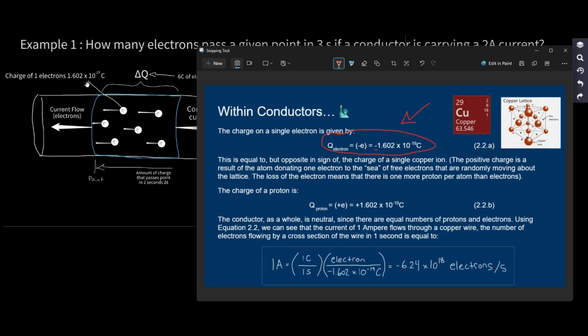But then in our diagram, there's no negative sign. And I'm like, what? Well, it turns out that you can think of the negative sign as a label for the type of particle that it is. But when you're doing the actual math to count how many charges are moving, you're using the magnitude. In other words, mathematically speaking, you're using the absolute value. So that's why that disappears.